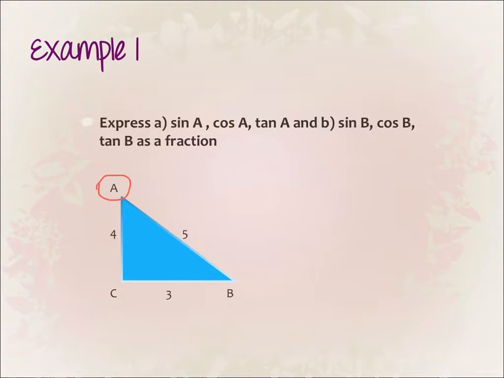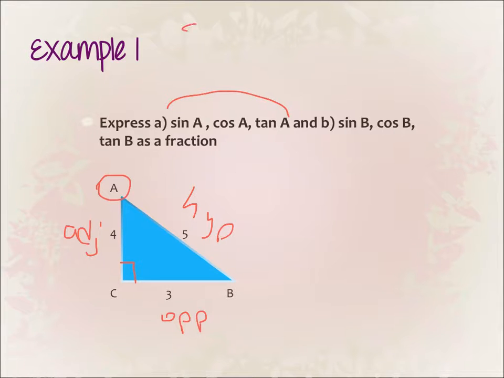The hypotenuse is going to be the same whether it's A or B. The hypotenuse is always the biggest side, opposite that 90-degree angle. So when we're talking about angle A, which number is opposite A? 3. Okay?